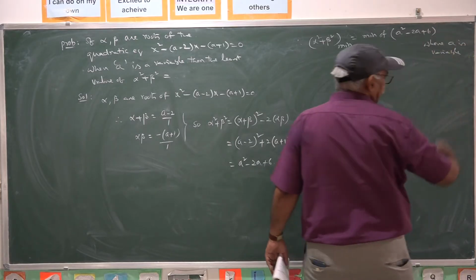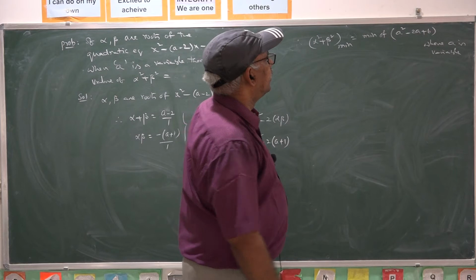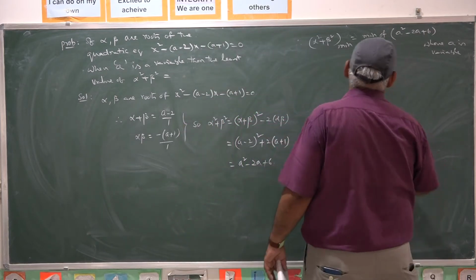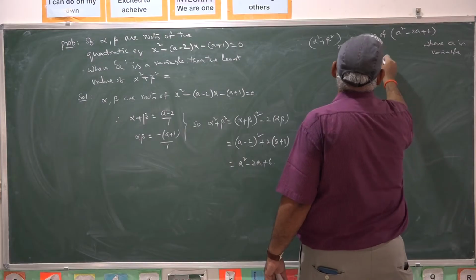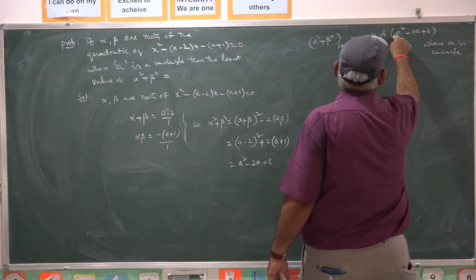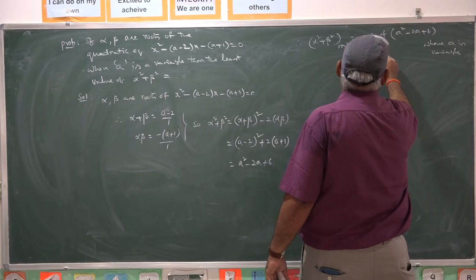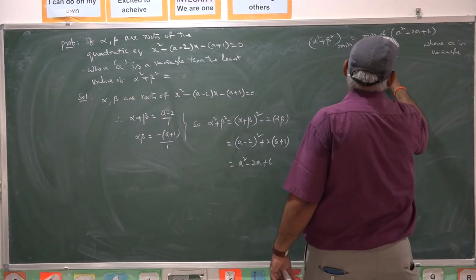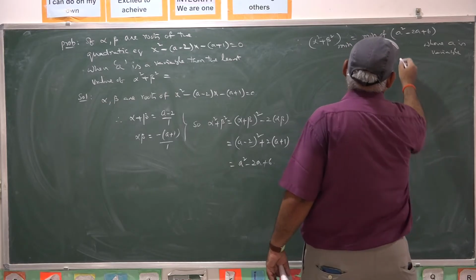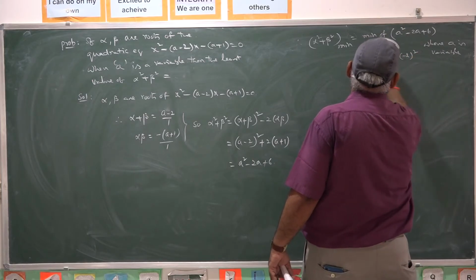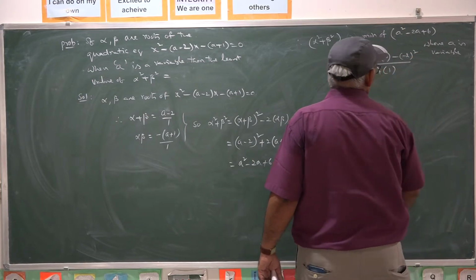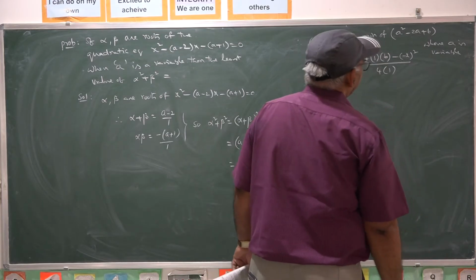Instead of x, here we have a in the quadratic. So, the minimum of this quadratic is obtained by minus b square by 4a's. Here x square coefficient is 1, constant term is b, minus b square, that is minus 2 whole square by 4 into x square coefficient, that means here a square coefficient.